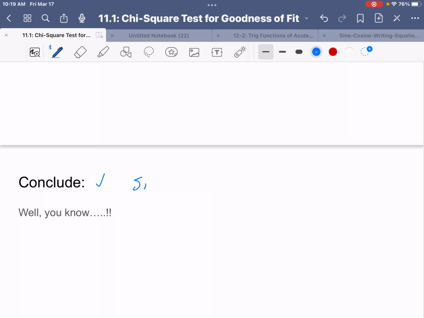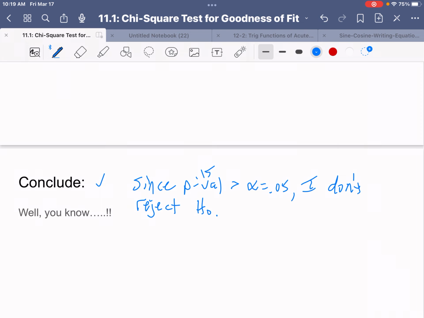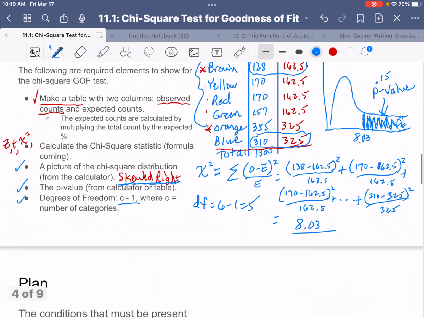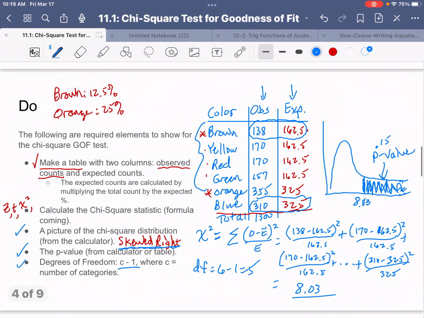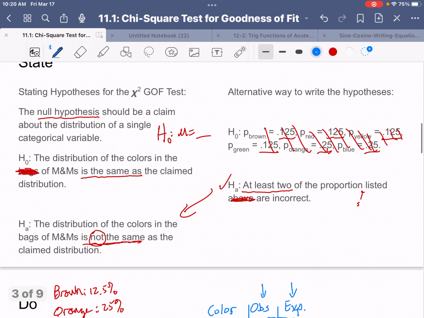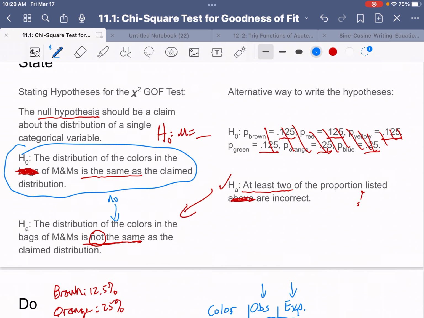Well, you know how to do this. Since the p-value, which was 0.15-ish, is greater than the significance level, assuming 0.05, I don't reject the null hypothesis. Okay, so if I don't reject the null hypothesis, that means I like the null hypothesis and that there's no evidence of the alternative.